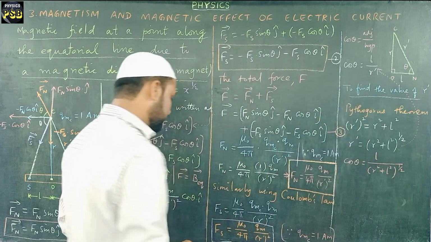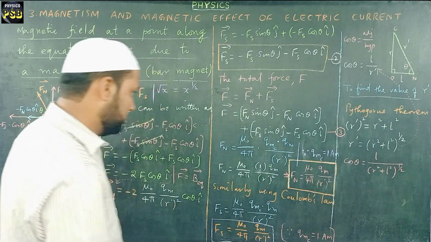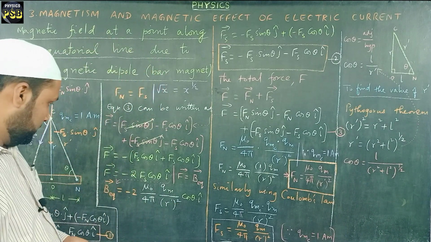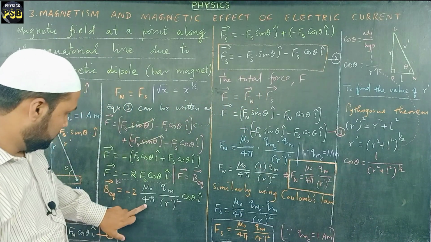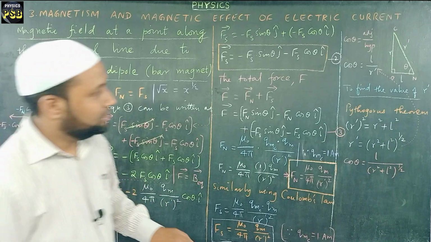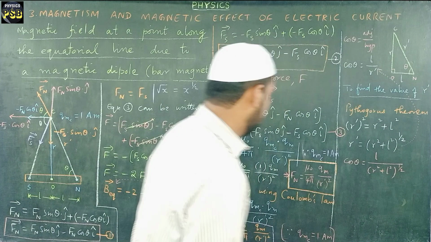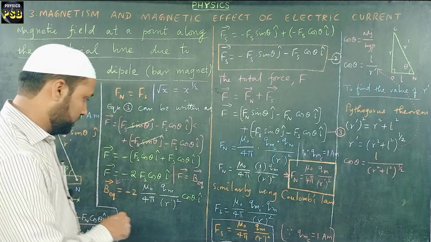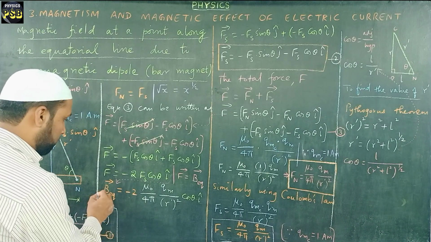This I am going to substitute in this equation, the value of cos theta and as well the value of r dash square, which is nothing but r square plus L square. Before doing so, I box this.